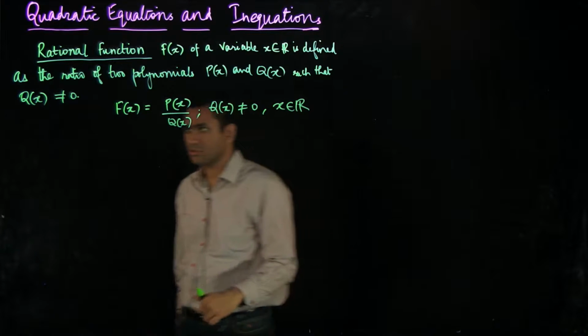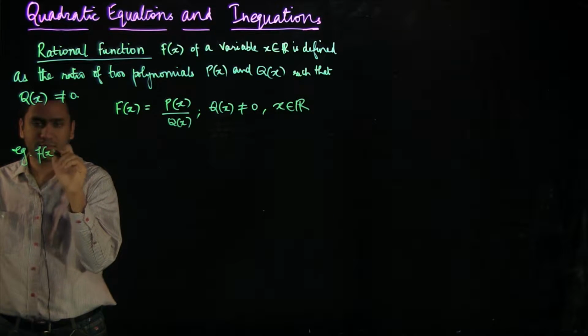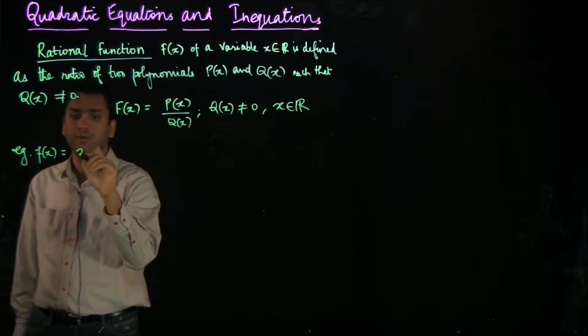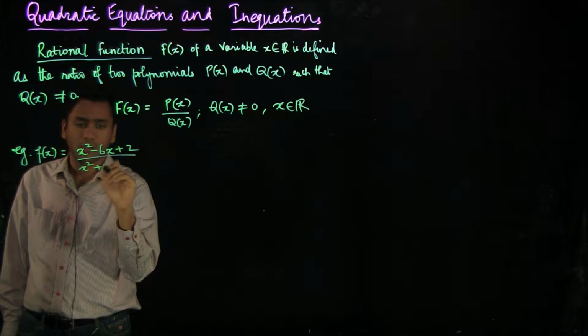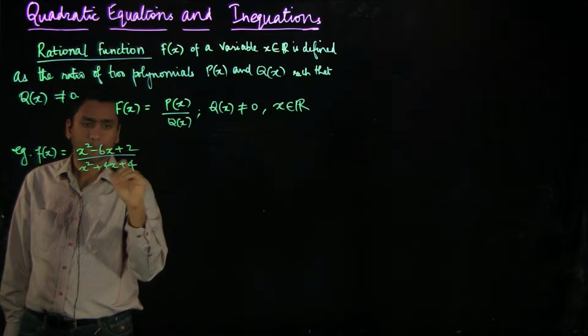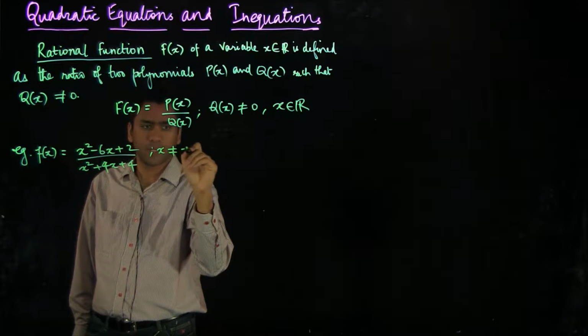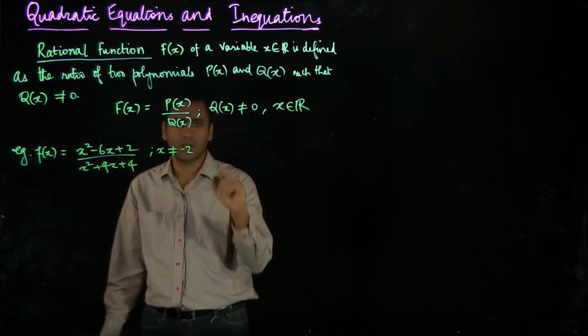So for example, you could have f(x) equals x squared minus 6x plus 2 over x squared plus 4x plus 4. So in this case x cannot be minus 2, because otherwise the denominator would be 0 and the rational function would be undefined.